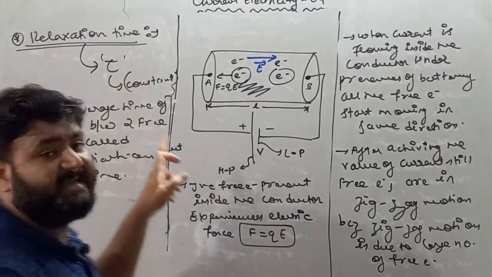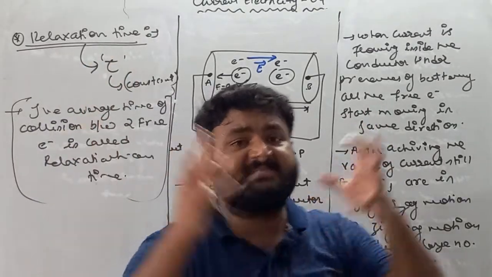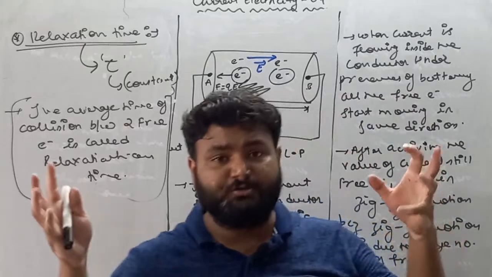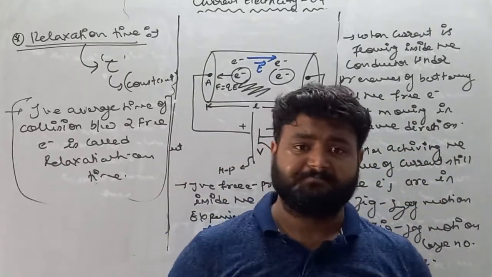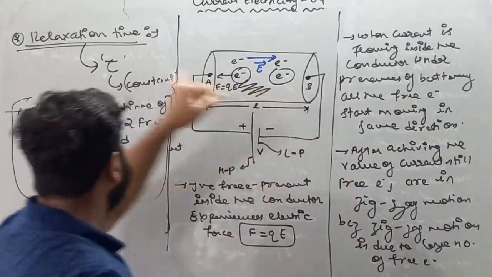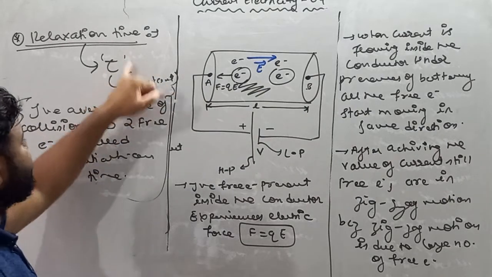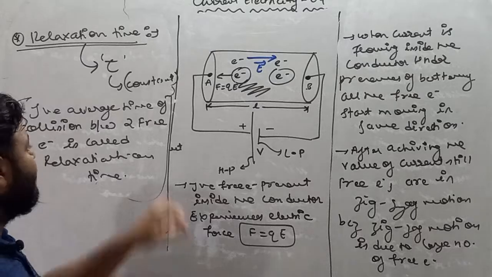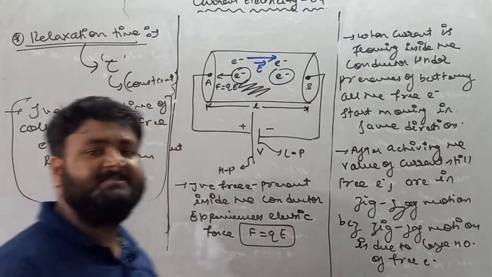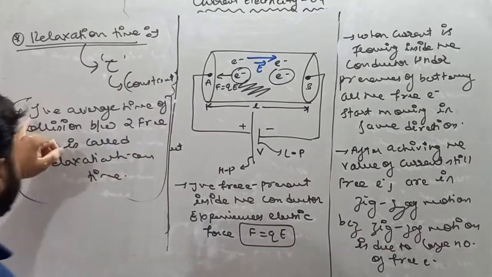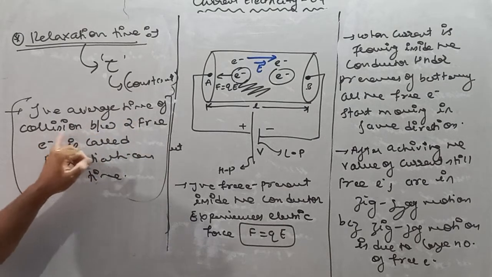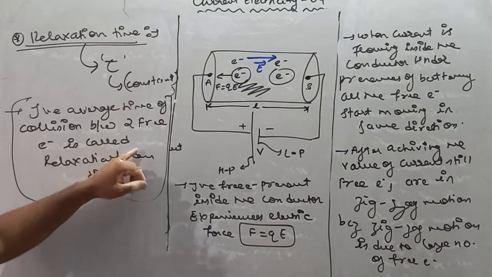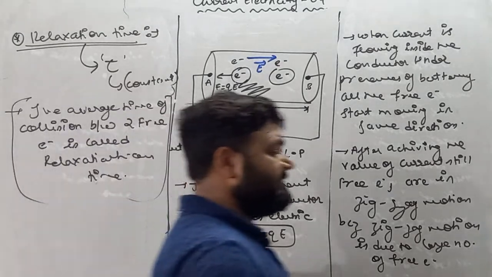This is the time between two successive collisions in which electrons can collide. Every electron can collide in this time only. So this time is called relaxation time. It is represented by tau, and this relaxation time is considered to be constant. So we say the average time of collision between two free electrons is called relaxation time.